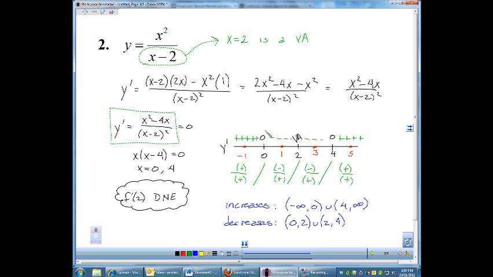You're probably going to just do the interval straight from 0 to 4. So make sure that on the number line you put your critical numbers and any discontinuities for the function, and then we'll plug in numbers to the derivative and determine where the function increases or decreases.